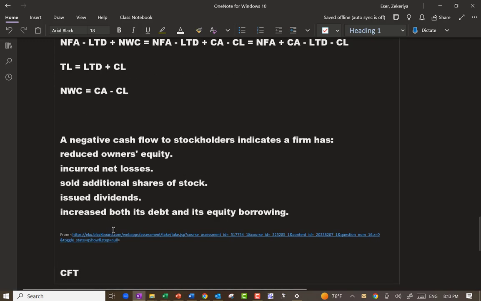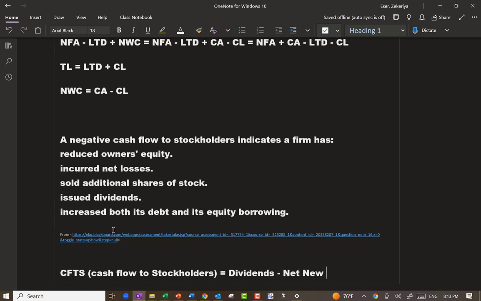Now, cash flow to stockholders is defined as dividends minus net new equity.